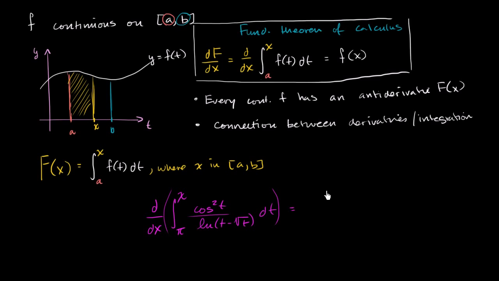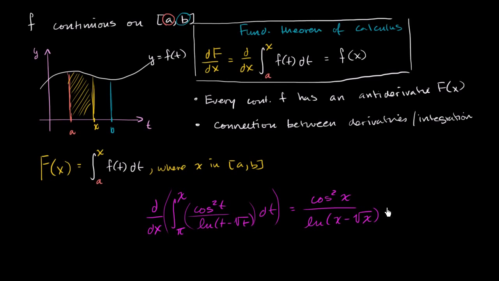So this is going to be equal to cosine squared of x over the natural log of x minus the square root of x. You take the derivative of the definite integral where the upper boundary is x, and it just becomes whatever you were taking the integral of, as a function now of x instead of t.